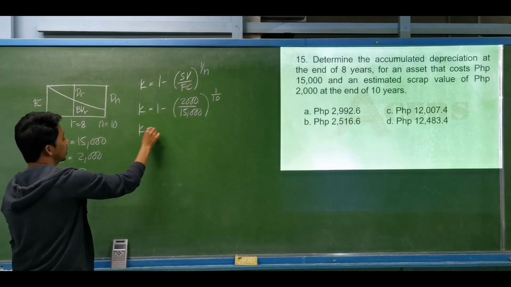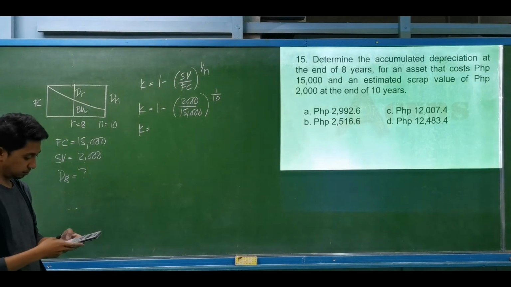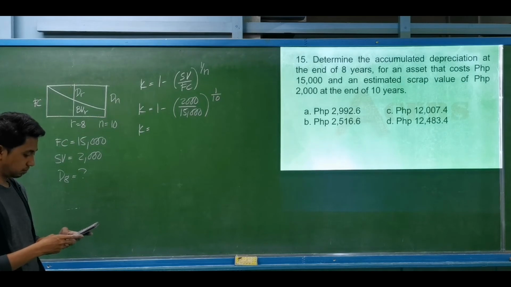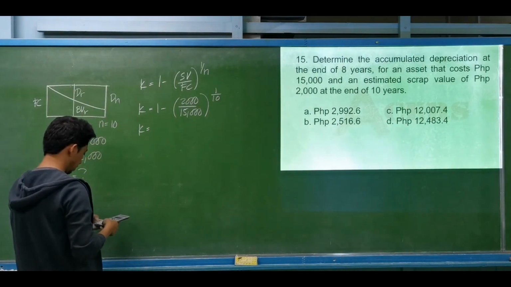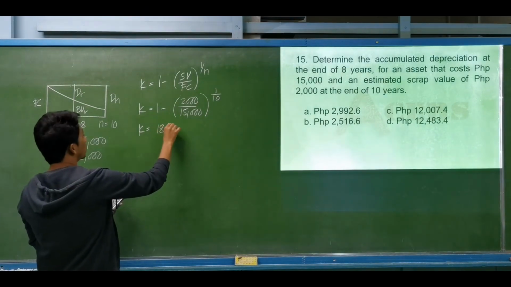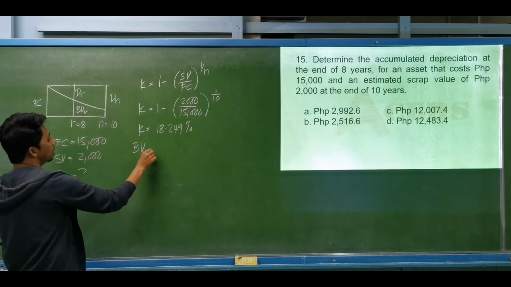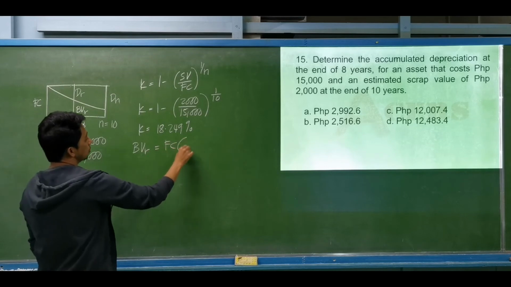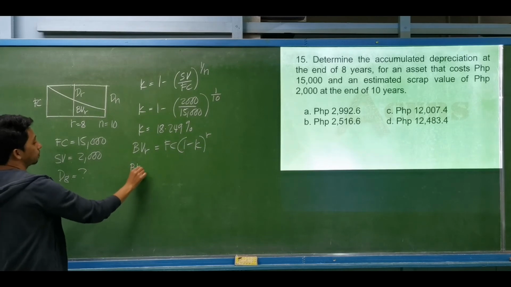So let's compute for the rate of depreciation. It is equal to 18.249%. So let us compute book value R, which is equal to the first cost multiplied by 1 minus K raised to R. So let's say we are computing for book value number 8.